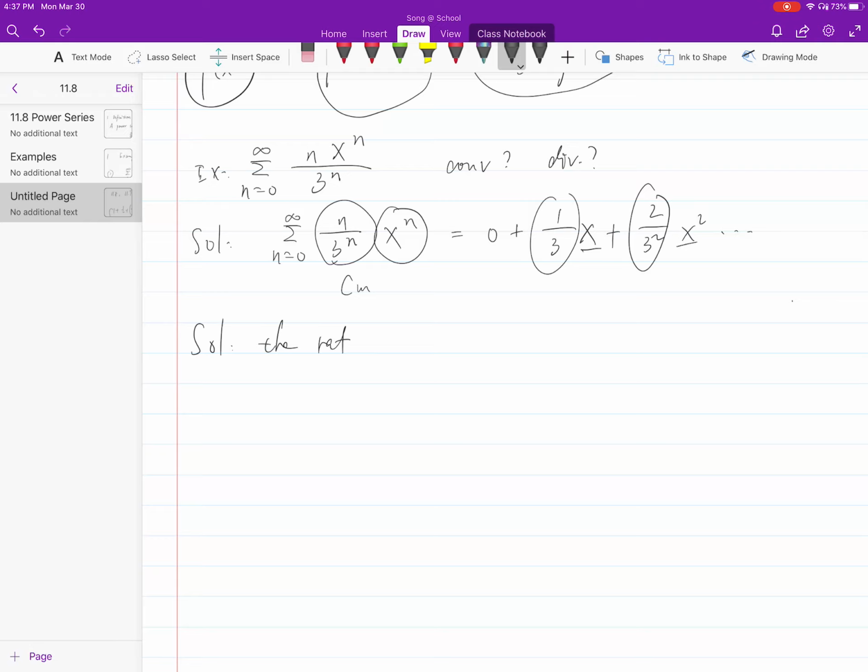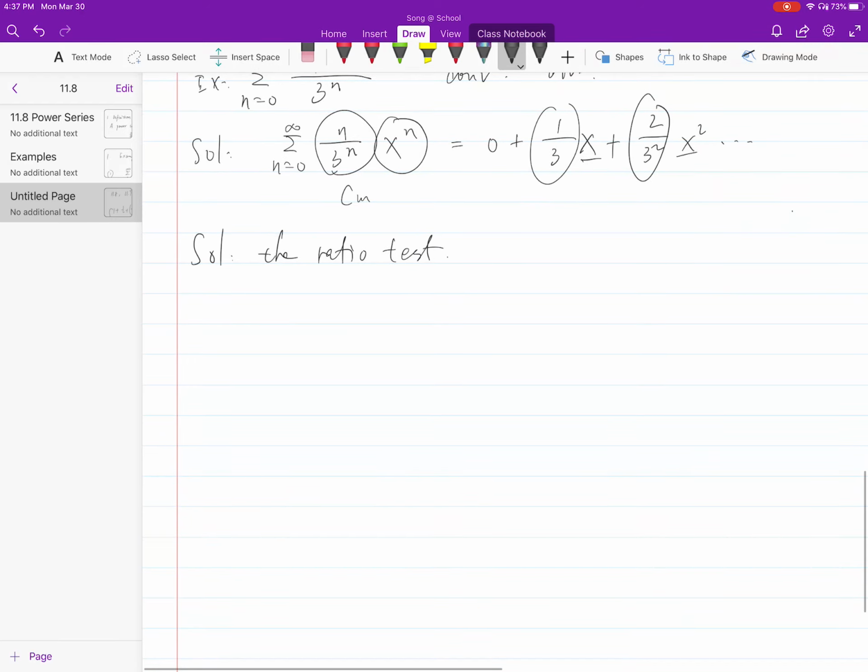The ratio test. You always do the ratio test. Okay. You can try the others by yourself. I will try to save some time here. But let's see. This is a sub n plus 1, which is n plus 1 over 3 to the n plus 1, x to the n plus 1. All right. Now, a sub n plus 1 over a sub n.